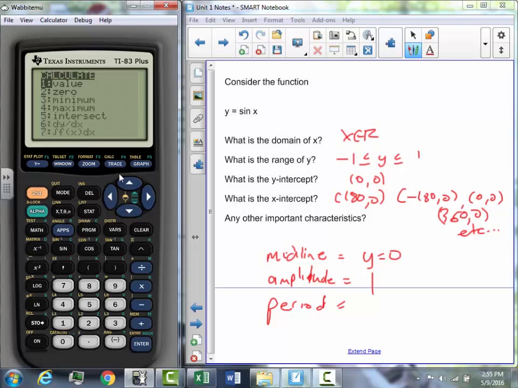I'll do one of them here. Okay, I calculated this maximum here to be at 90. Are you guys in radians? I'm in degrees right now. What are you in? Did anybody find this one way back here?